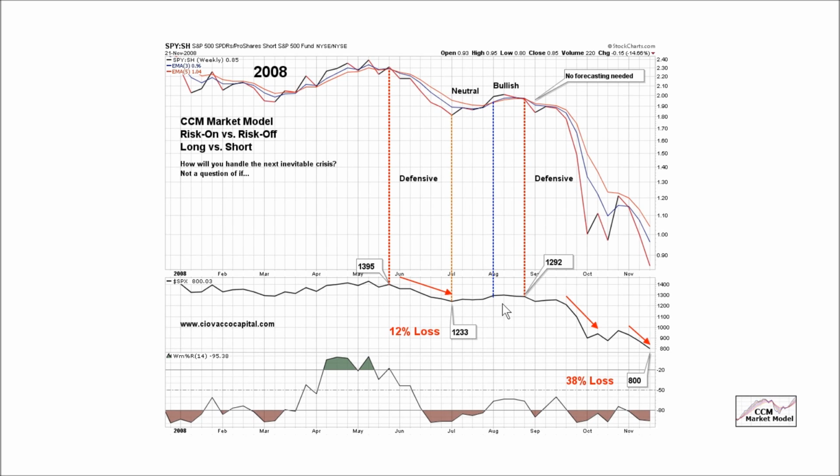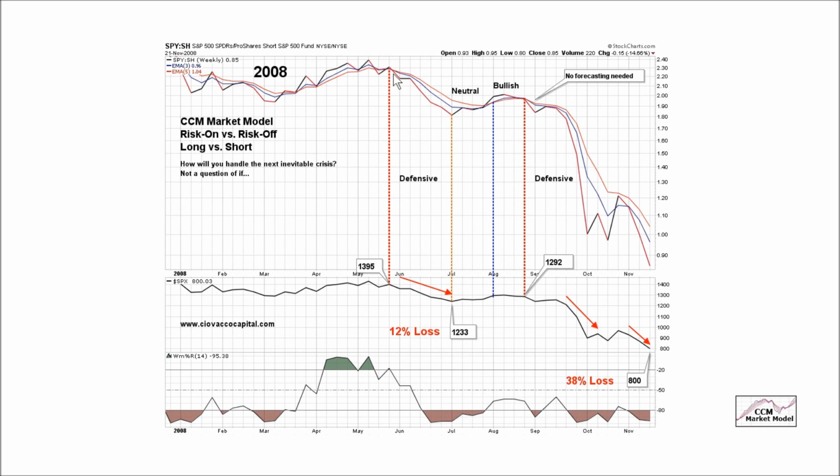The point of the exercise: will this ratio help us avoid large losses? The answer is a definitive yes, because mathematically during a correction or a bear market, long versus short has to react to negative developments. Here you can see we got our bearish moving average crossover.